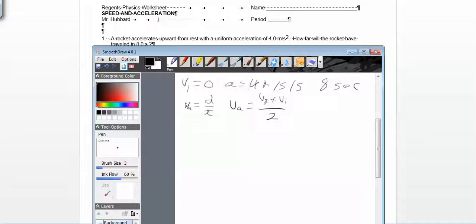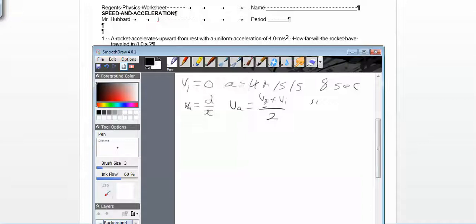So here's how we do this. We need to find v final. This is similar to the guess method, but it's more than one step. If we start with an acceleration of 4 meters per second every second, and it says 8 seconds, that's 4 meters per second after 1 second.